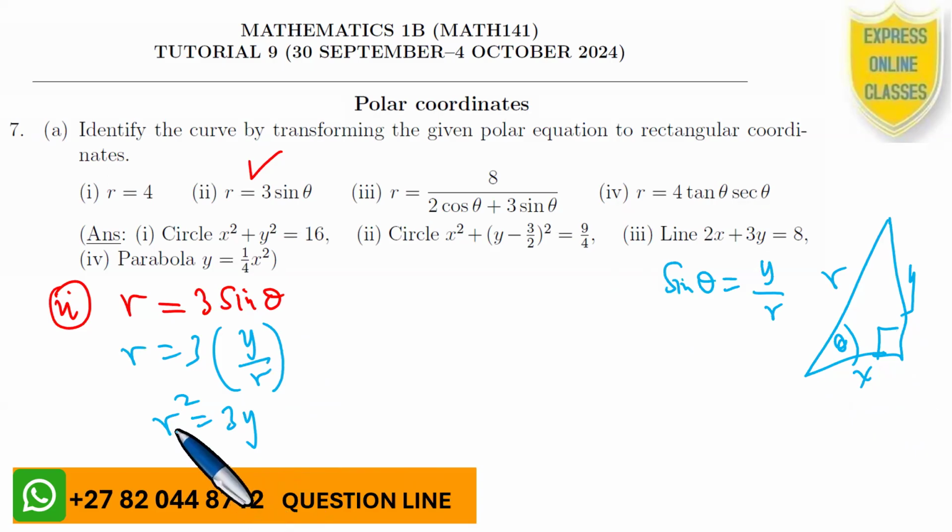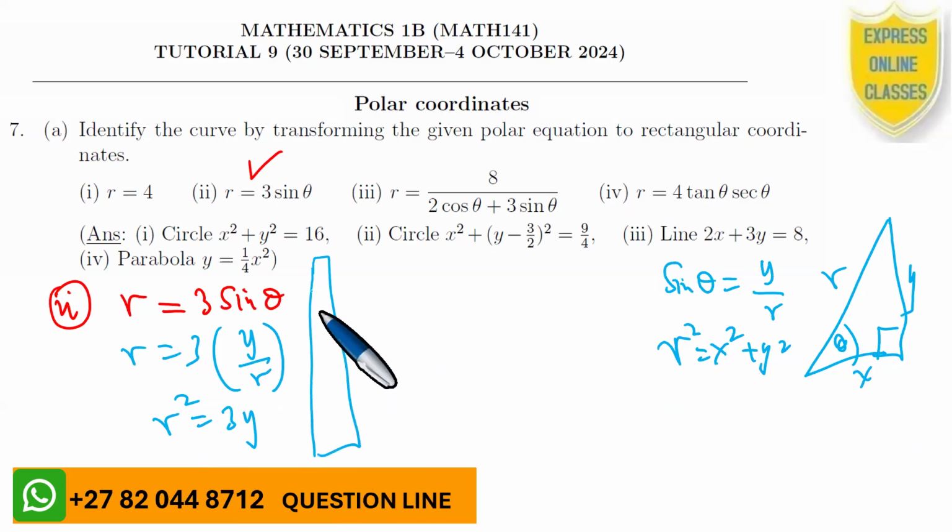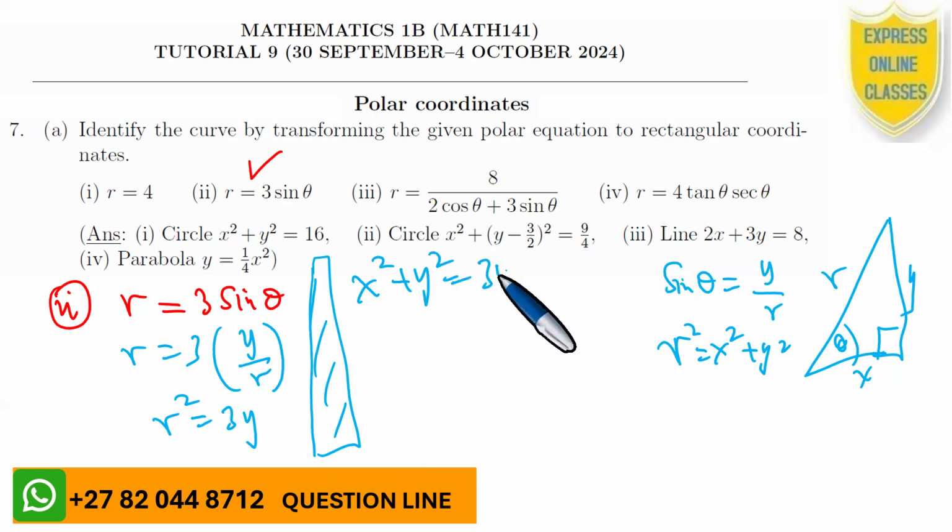If this is the case, then you continue with the substitution of x, but you need to know that r squared is x squared plus y squared. At this point, it is very clear that r squared is x squared plus y squared, which is 3y.